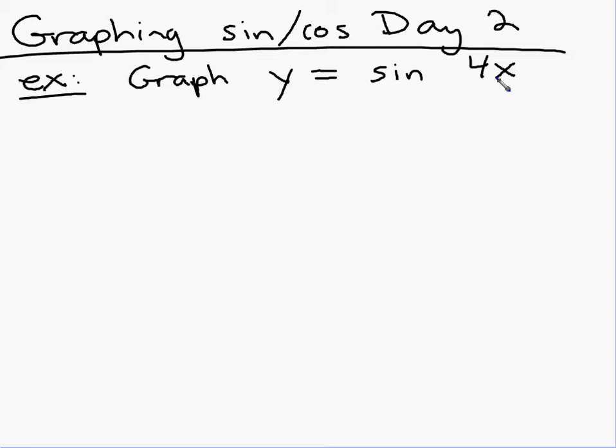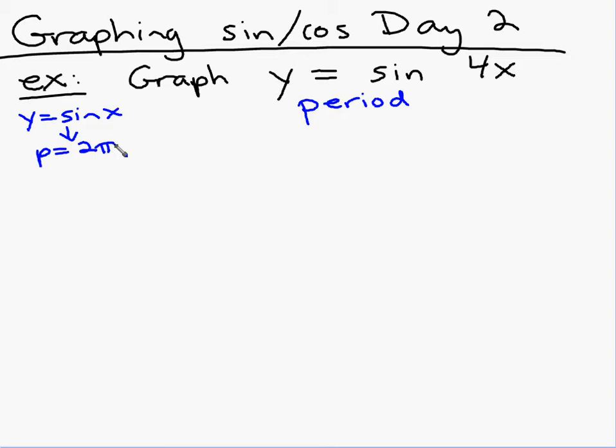Okay? Well, like I told you yesterday, we find the period, all right? Remember that for a normal sine function, if I have just y equals sine of x, we said yesterday that its period is 2 pi. That's how long it takes to do one period of the sine function.